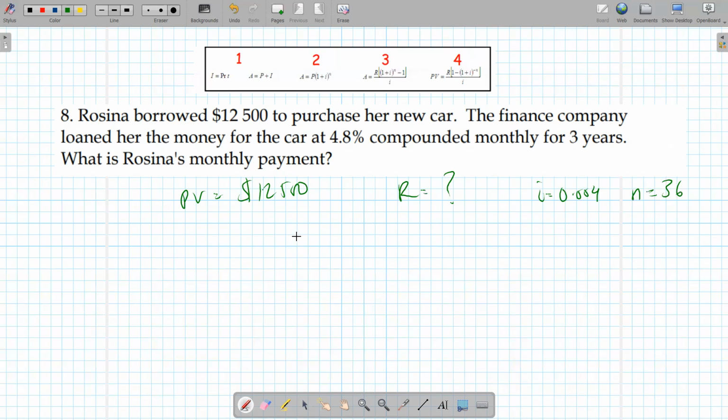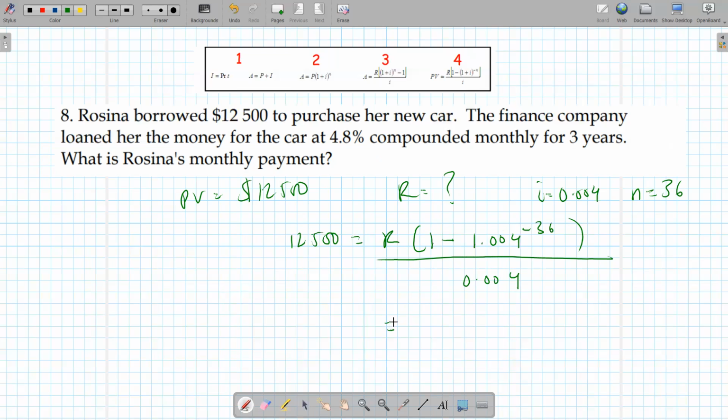So we're trying to find R. So present value 12,500 equals R, and then we have present value is number 4: 1 minus 1.004 to the power of negative 36 divided by 0.004. There we go.